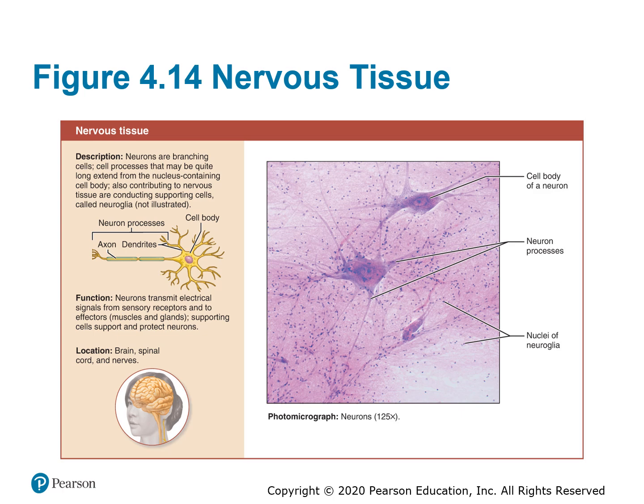A neuron has mainly three parts to it. It has the cell body, the dendrites, and the axons.